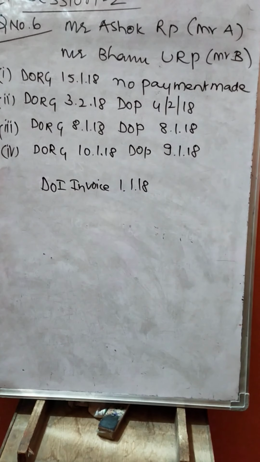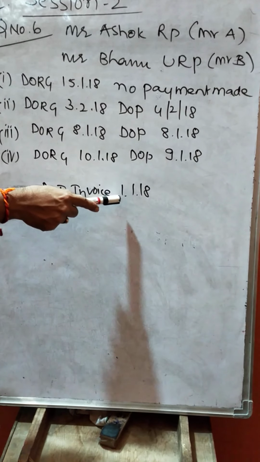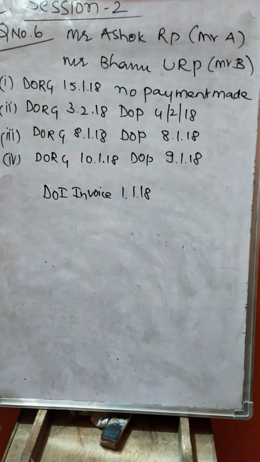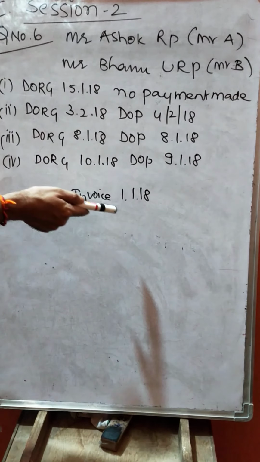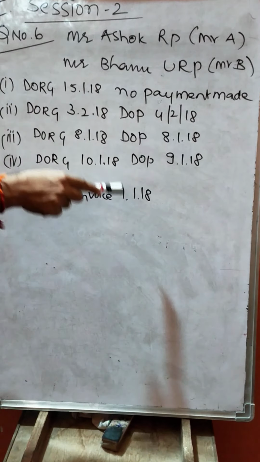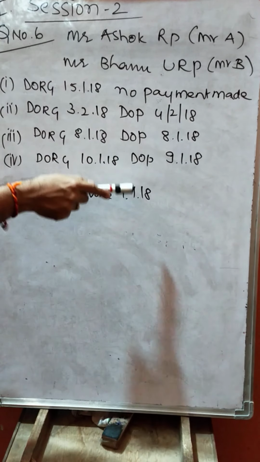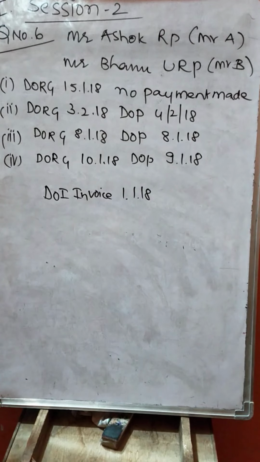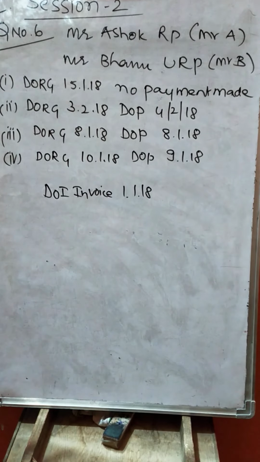Among the 4 dates, you are supposed to take only 2 dates. 15th January. So date of issue of invoice is 1st January. For 1st January, when you add 30 days, then it will become 1st February or 31st January, whichever. So 15th January or 31st January, whichever is earlier, 15th January, because payment recorded is not there, payment made is not there.